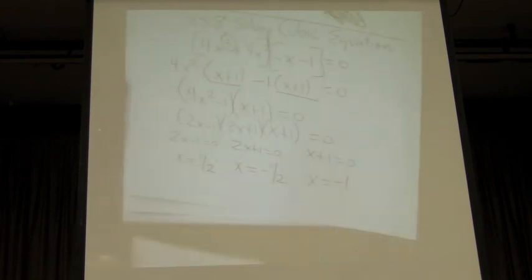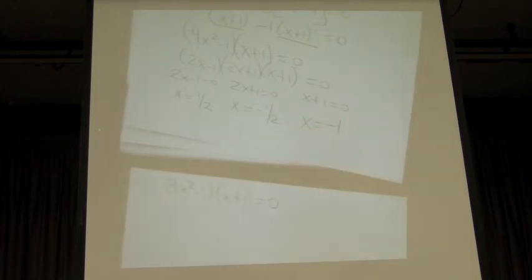If, when you got to that step of 4x squared minus 1 times x plus 1 equals 0, you did not notice that it factored, you could still finish finding the solutions. Just recognize that it's quadratic. 4x squared minus 1 equals 0. What's the next step? Add 1.